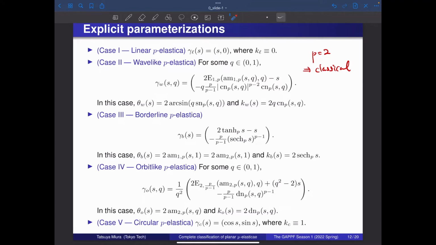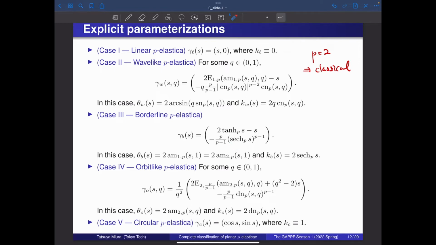In fact, we have a qualitative difference in the property of the p-hyperbolic secant function, in the sense that if p is less than or equal to 2, this function has unbounded support, so it is a positive function on R. But if p is greater than 2, then it has bounded support.